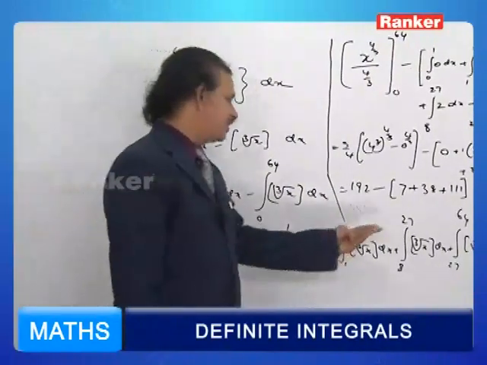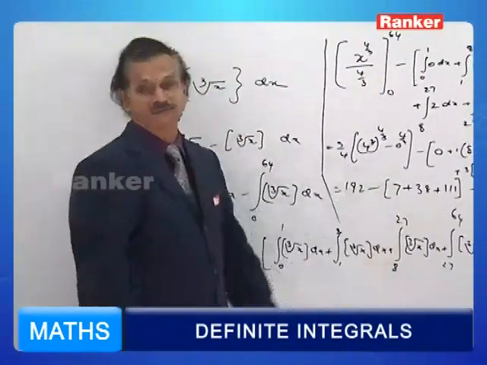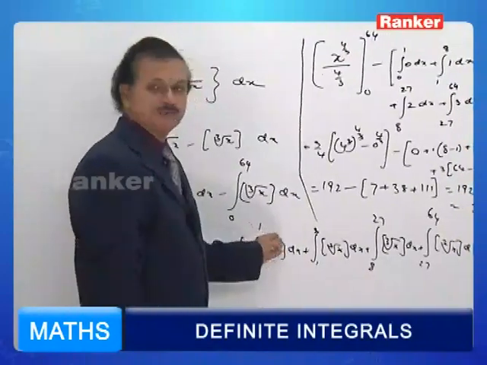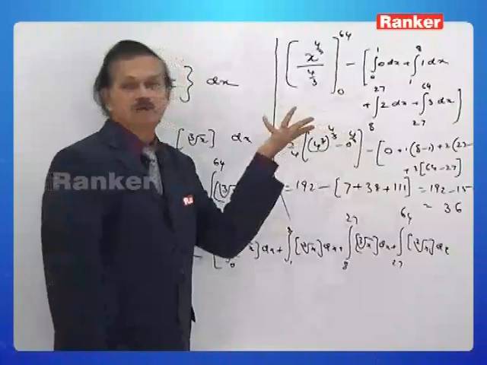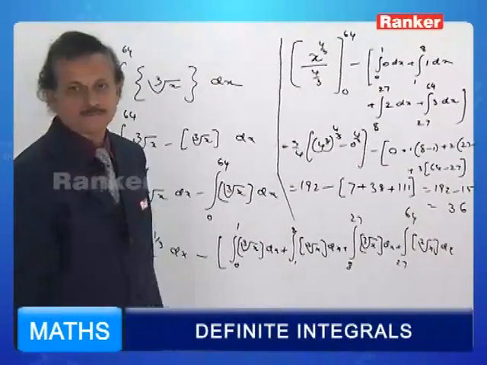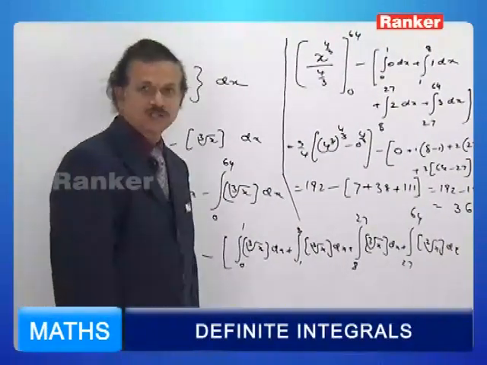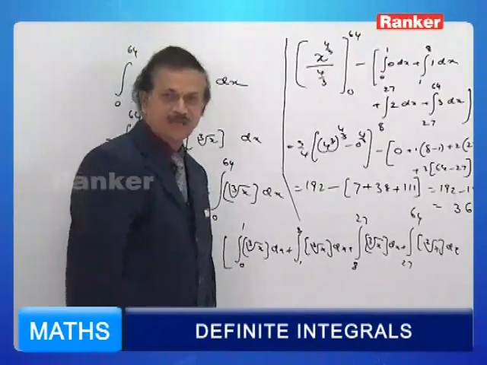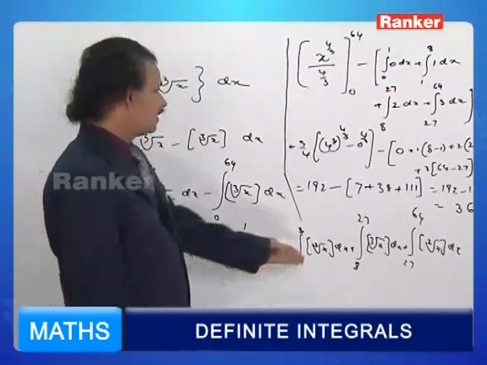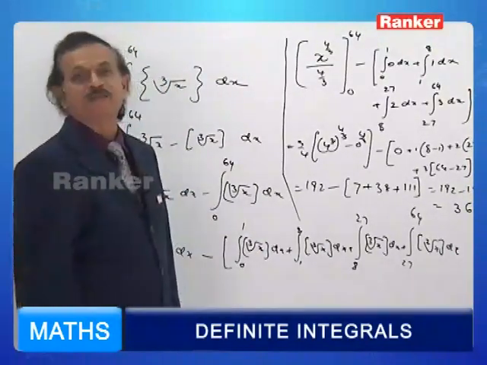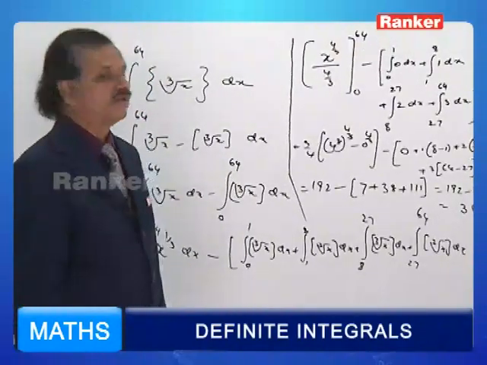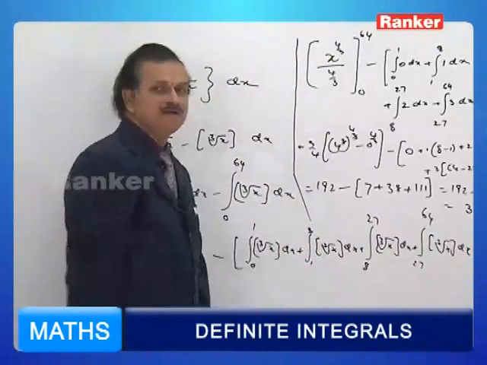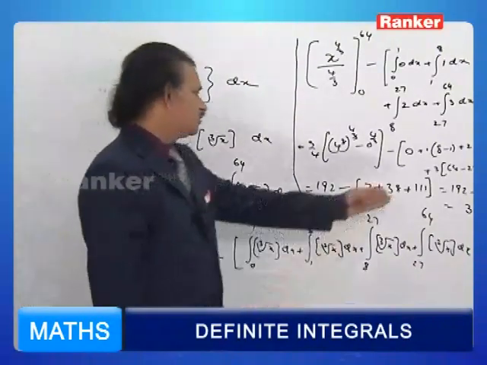And between 8 and 27, that is 2 cube and 3 cube. 0 cube and 1 cube, 1 cube and 2 cube, 2 cube and 3 cube, 3 cube and 4 cube. 64 is nothing but 4 cube. So at regular intervals, it changes the value. Therefore, like this, we could have split it, and thereby we have seen that the process of integration has been made very simple. The ultimate answer is that.